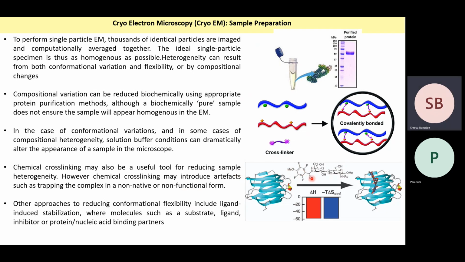Now, when this ligand is complexed with this molecule, then it remains in a very stable beta sheet conformation. So by complexing with the ligand, the conformational flexibility is reduced and it is maintained in a single conformation. Because of that, it will give a very clear image in the electron microscope.